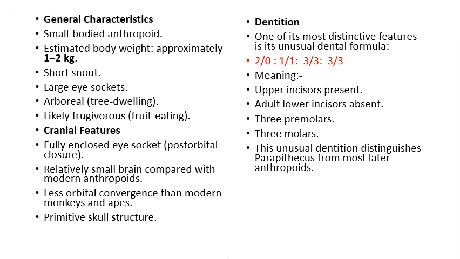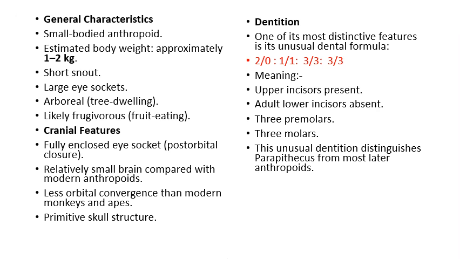Their cranial features included fully enclosed eye sockets, a relatively small brain compared to modern anthropoids, and less orbital capacity than modern monkeys and apes. The skull was very primitive in nature.